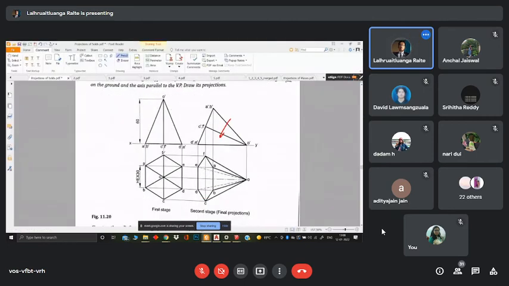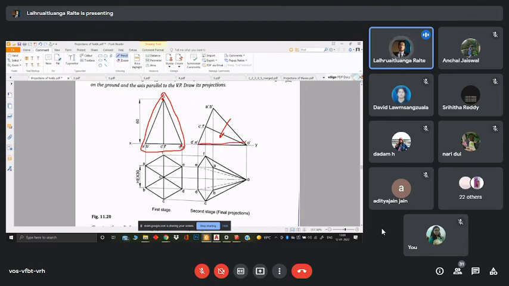So we first orient our pyramid in the vertical direction, vertical to the horizontal plane first, and we get the front view. All right, we get the front view, and we simply flip this, making sure that this ODE is on the ground.